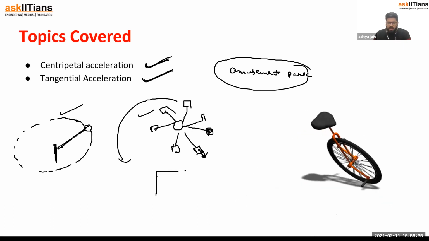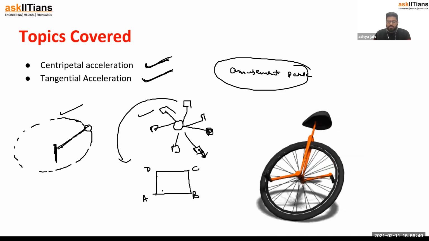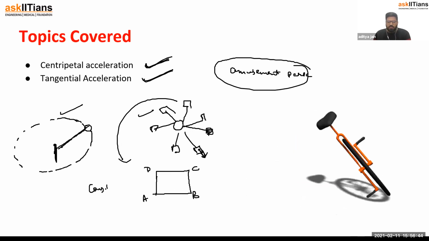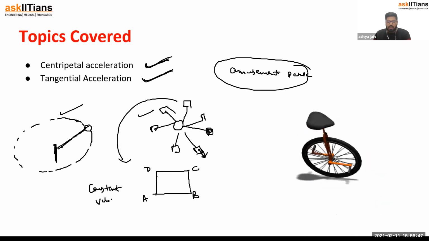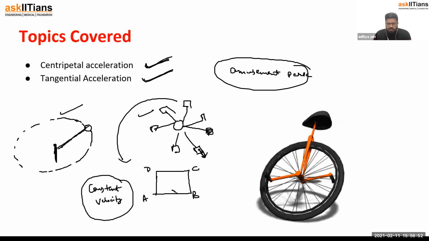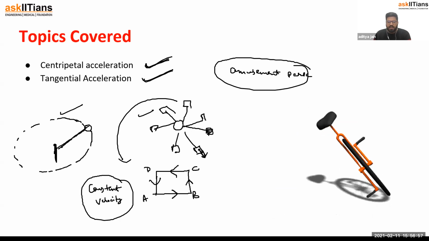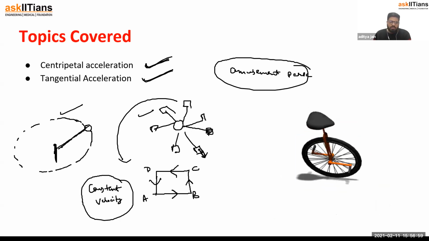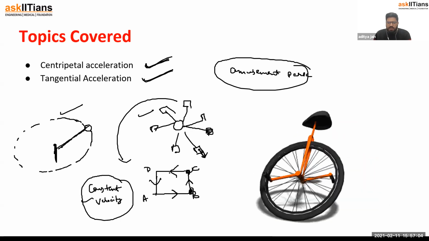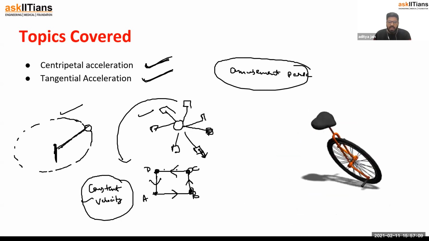Now see another thing. Suppose I am taking a rectangular track A, B, C, D. I want to travel on this track with a constant velocity. The athlete will run from A to B, B to C, C to D, and then D to A. To move with constant velocity, at the four corners B, C, D and A, he has to suddenly change his direction.